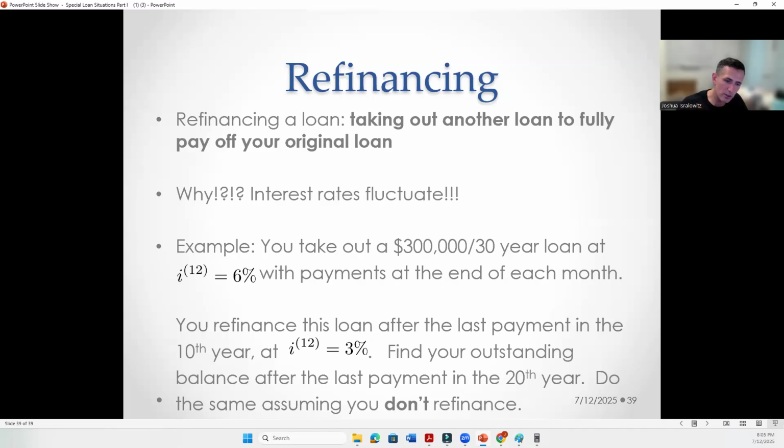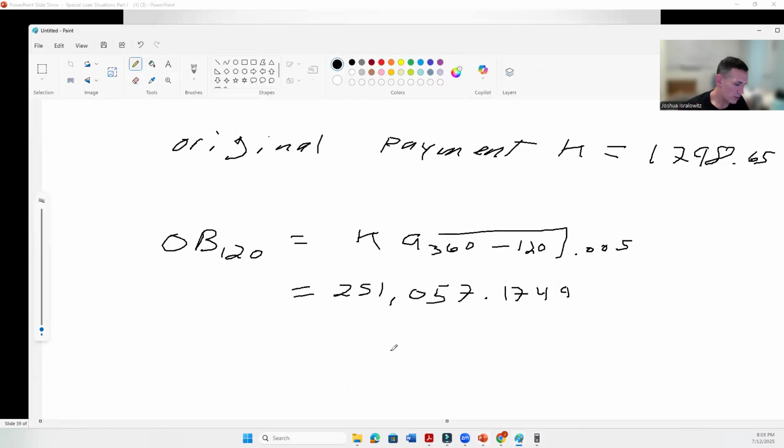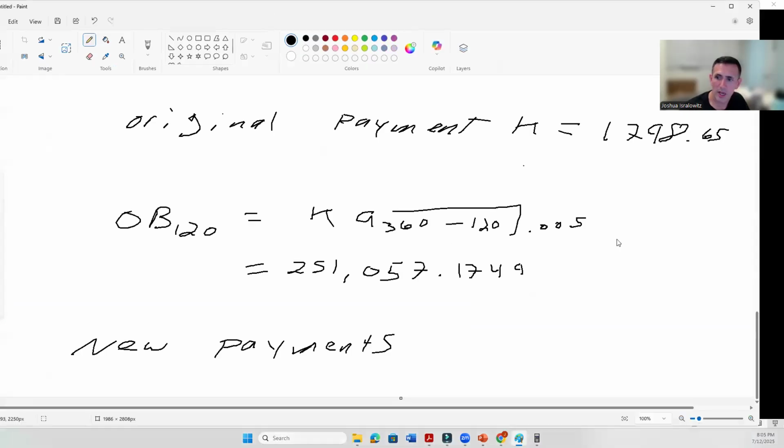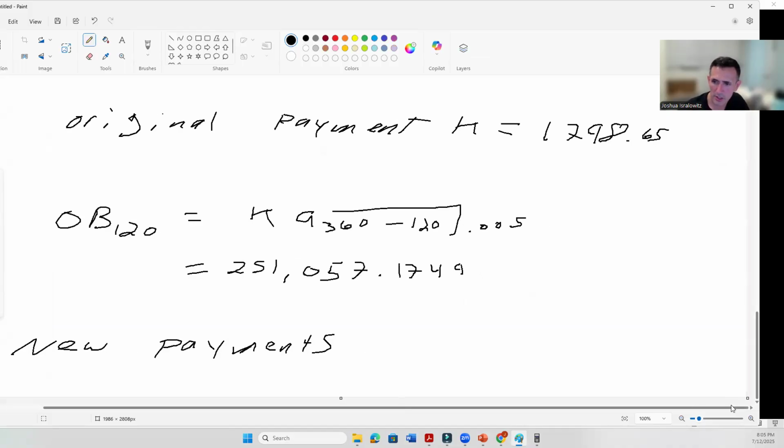That's always what we're going to do with these problems if it's not clear, but I'll be clearer on homework and exams. Okay, so new payments. For problems like this, you really are going to want to use the storage keys. It really just makes life so much easier.